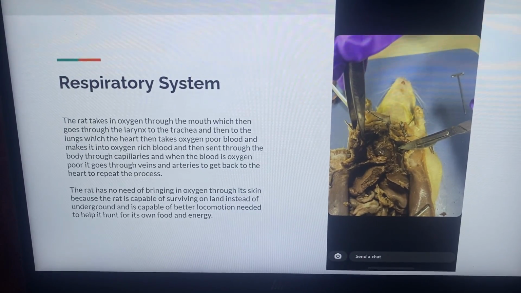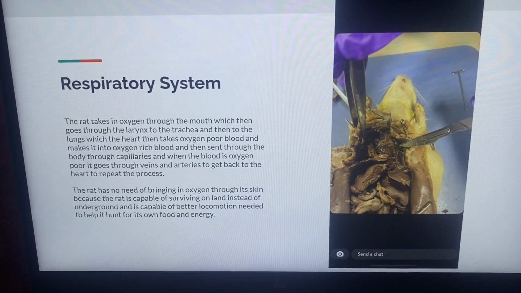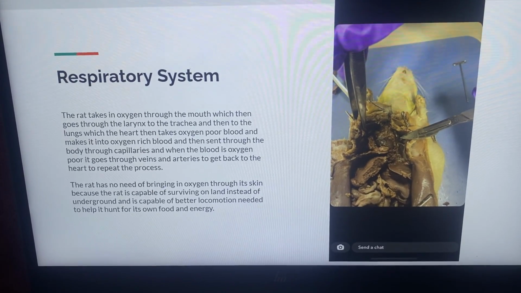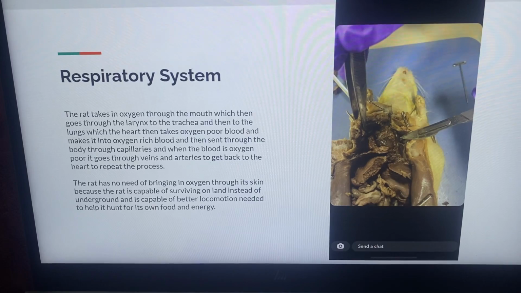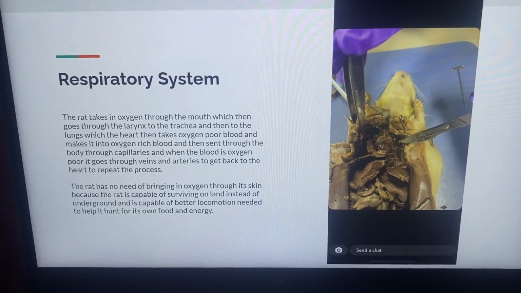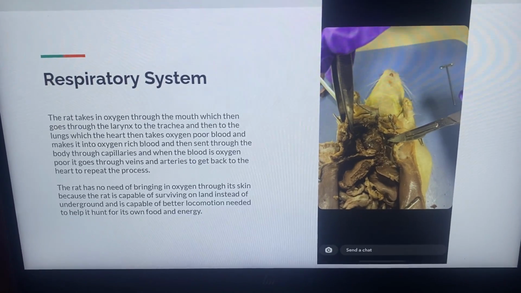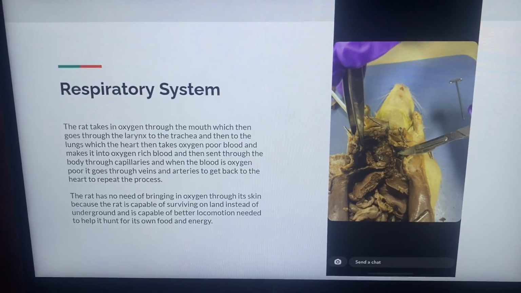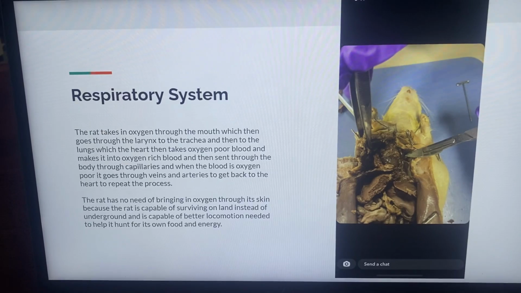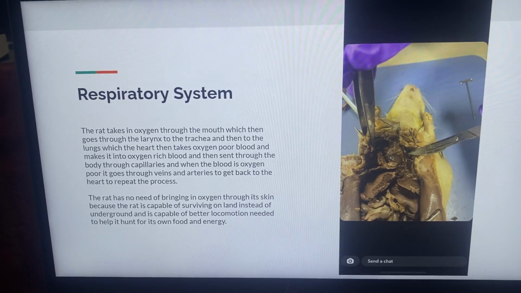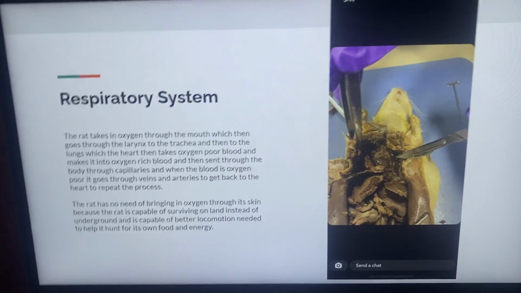And then the rat has no need of bringing oxygen through its skin because the rat is capable of surviving on land instead of underground like an earthworm, and is capable of better locomotion needed to help hunt for its own food and energy, while an earthworm has to survive underground eating dirt to get nutrients and oxygen.